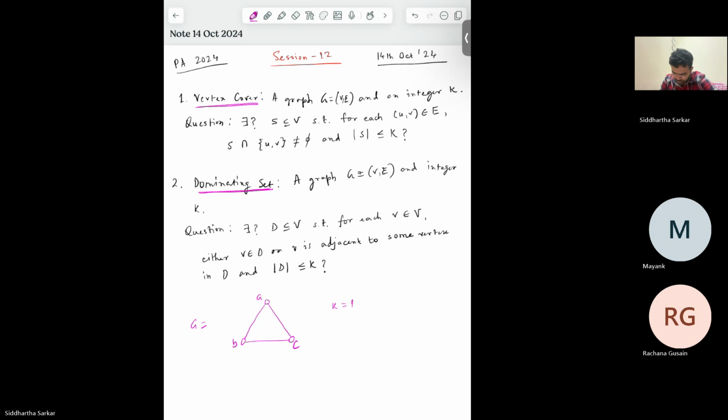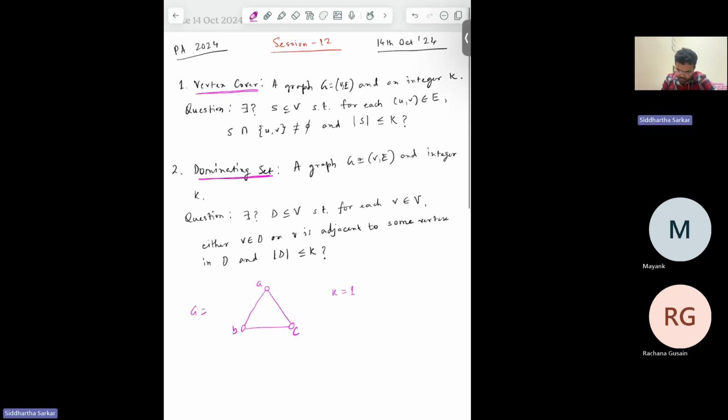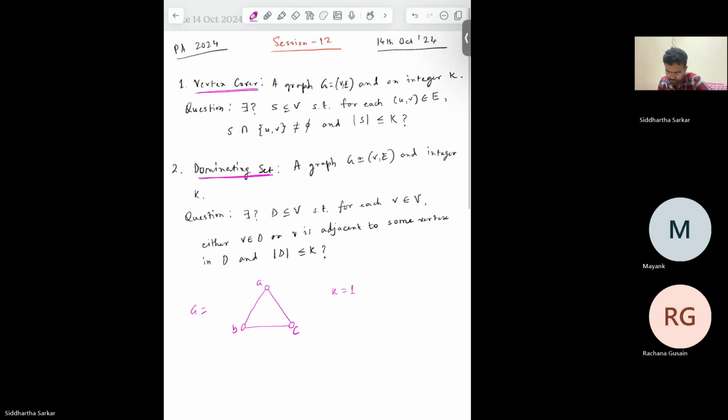Does there exist a vertex cover of size less than or equal to 1? Of course, a vertex cover of size 0 cannot exist. So the question is, does there exist a vertex cover in this graph of size 1?